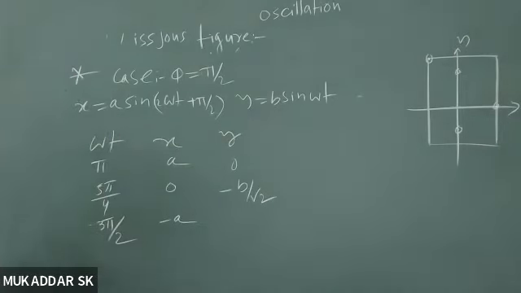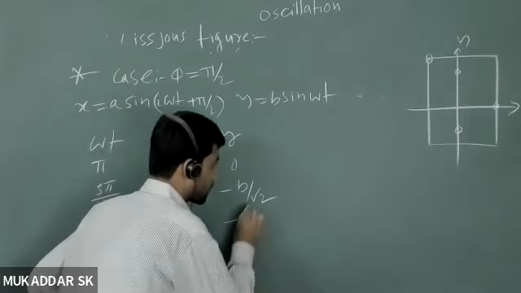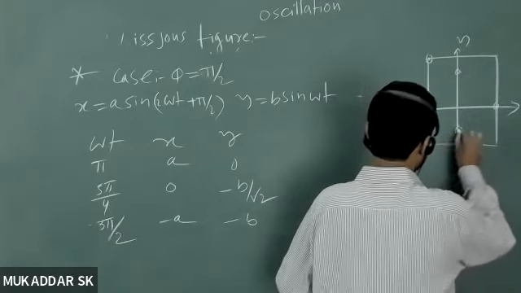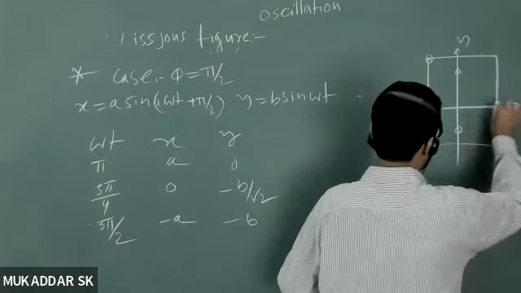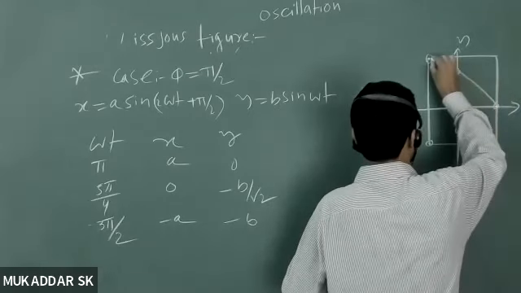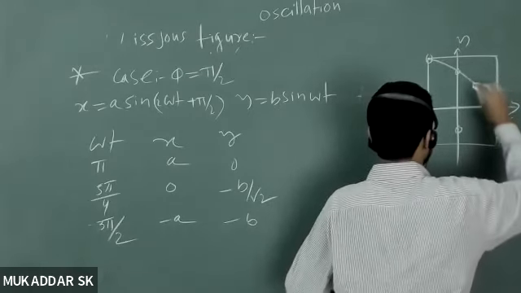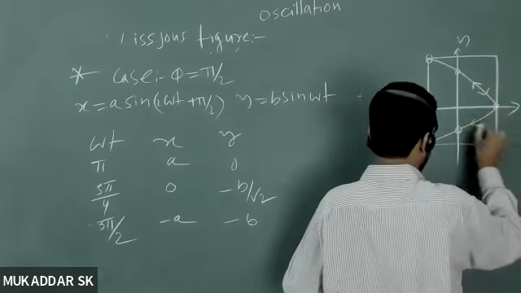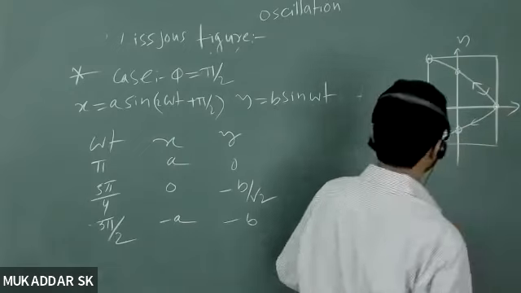Sin 3 pi by 2, it will be minus b. So this point will be corresponding to this. If you take further, you will get this repeat term or this point. So the trajectory will be like this. It will go like this, then it will come like this, it will go like this further, and further it will come like this.